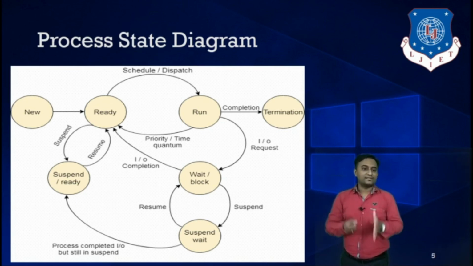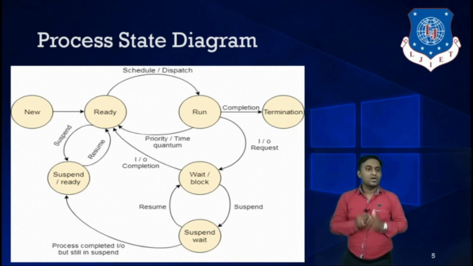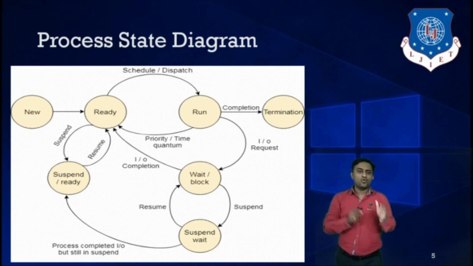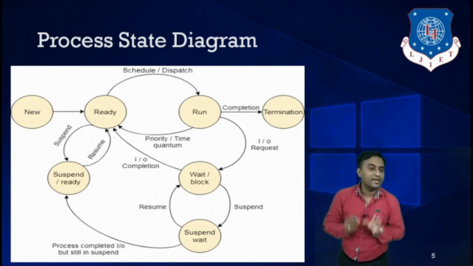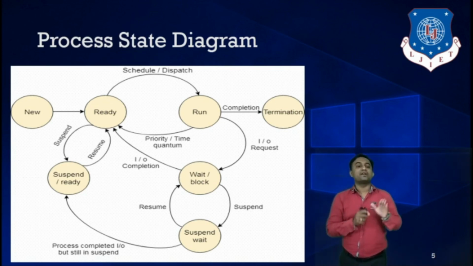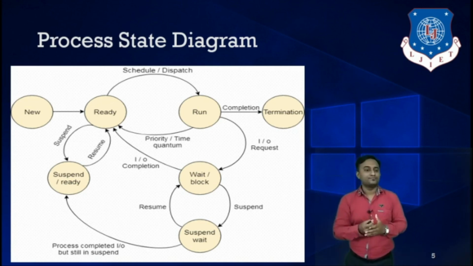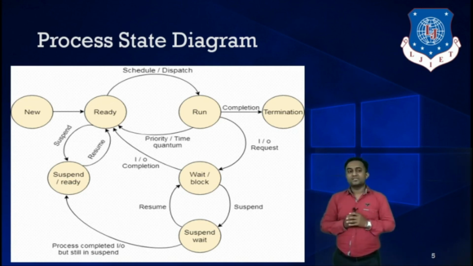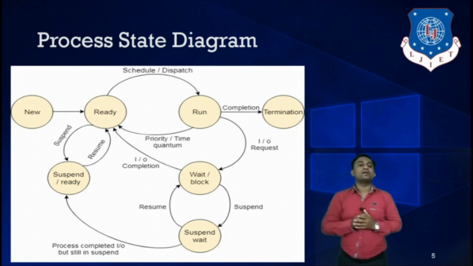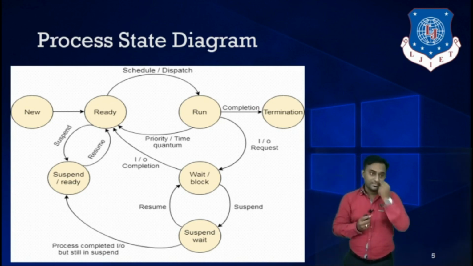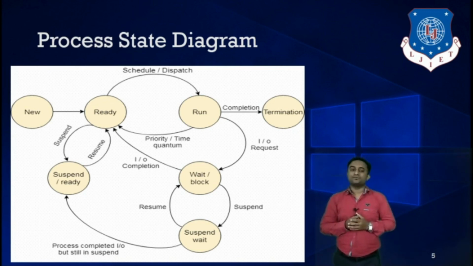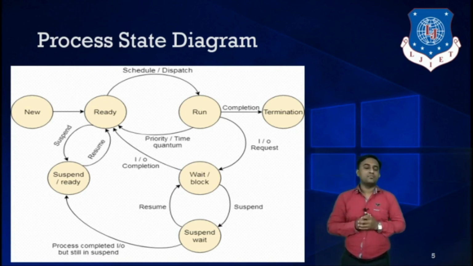So that's why the process that completed its IO operation needs to be shifted from suspend wait to a suspend ready state for later execution. Means after some time, from the suspend ready state it will directly reach a ready state for its remaining execution. So this is all about the process state diagram.